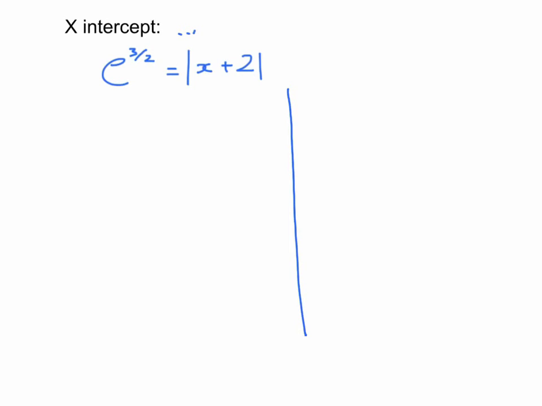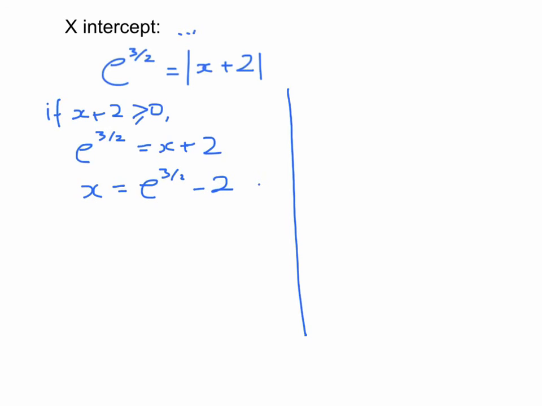Here, if the contents of the absolute value are positive, then e to the power of 3 over 2 equals x plus 2. And if we solve that for x, we get x is equal to e to the power of 3 on 2 take away 2. That's the exact version.